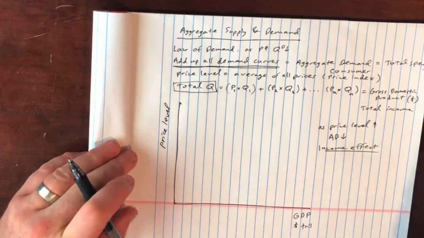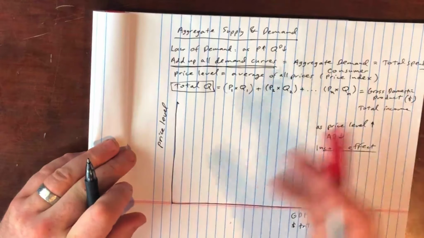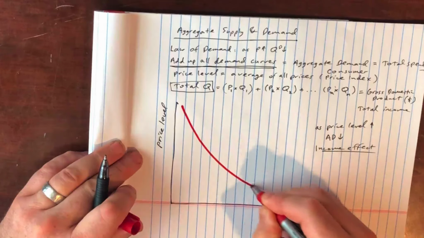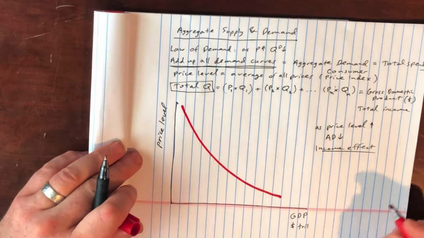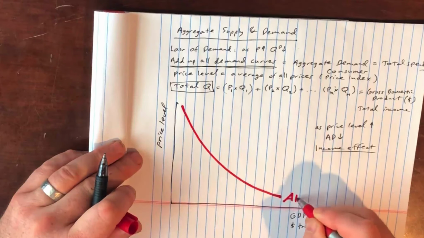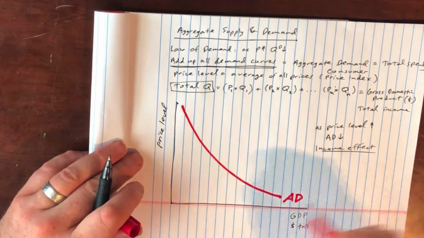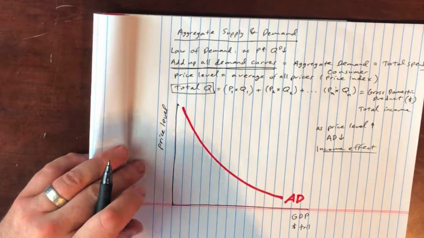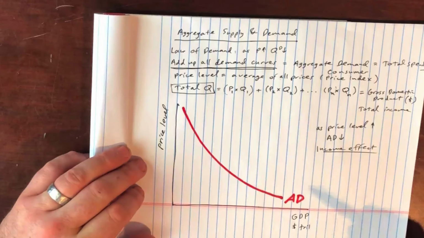All right, so we'll draw the aggregate demand curve as a downward sloping relationship between price level and GDP, and we'll label it AD. All right. Okay, so here we have something that doesn't look all that different, right?